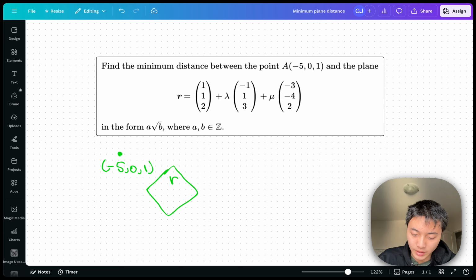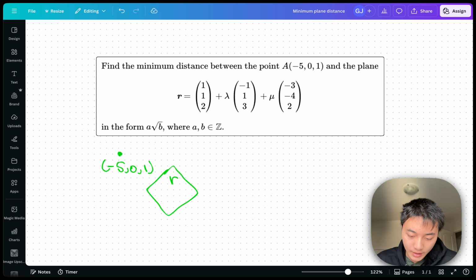The minimum distance between the point and the plane is going to be the normal of the plane to the point. I will maybe try to illustrate this on Desmos at the end of the question.